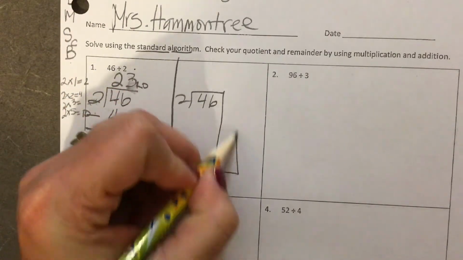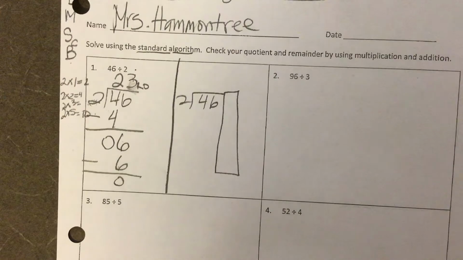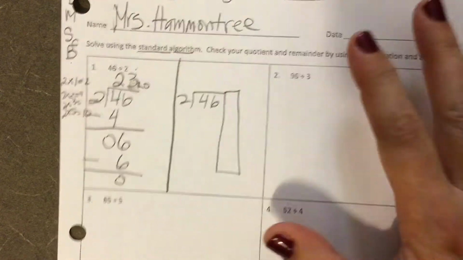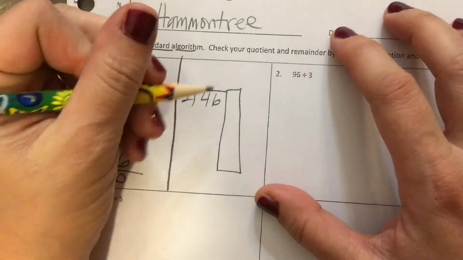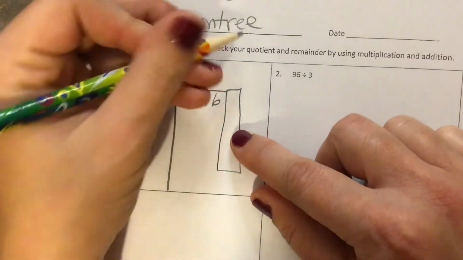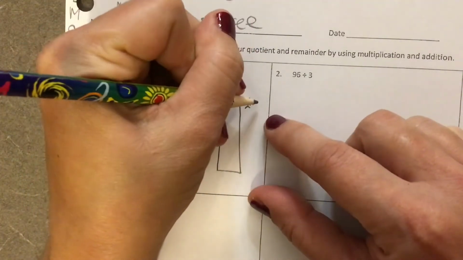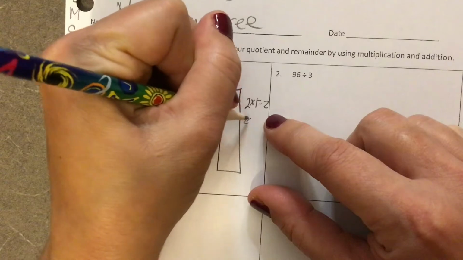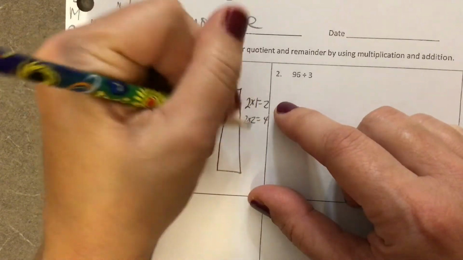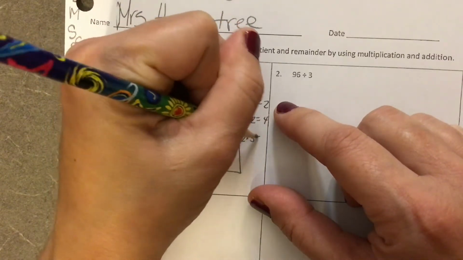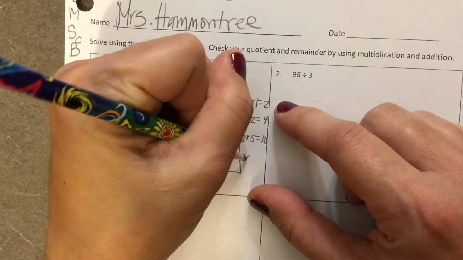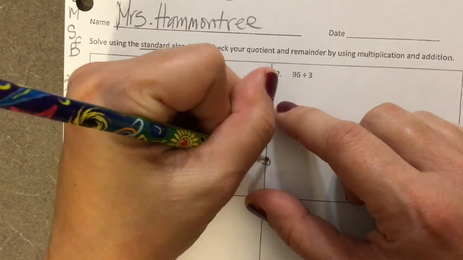And that means I am going to be looking at 46, the whole shebang. Instead of just thinking of the 4, I'm going to be thinking about 46. So I'm thinking 2 times 1 is 2, 2 times 2 is 4, 2 times 5 is 10, 2 times 10 is 20.